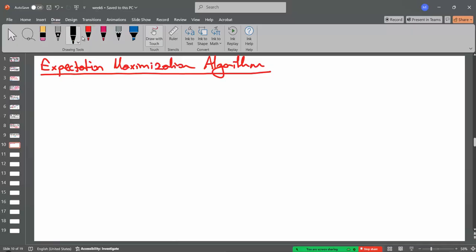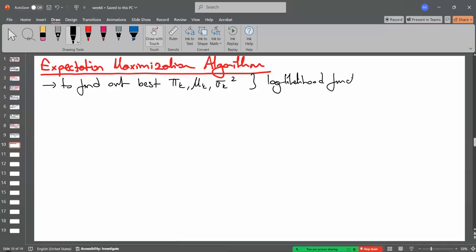The purpose is simple: find the best pk, mu k and sigma k square. In order to do that, the log likelihood function can be used for the GMM model.